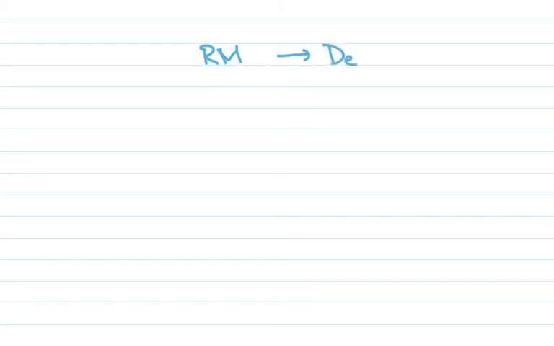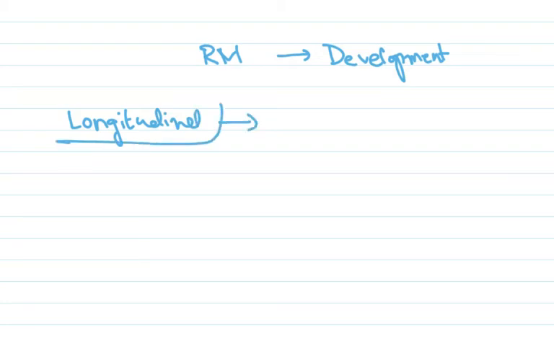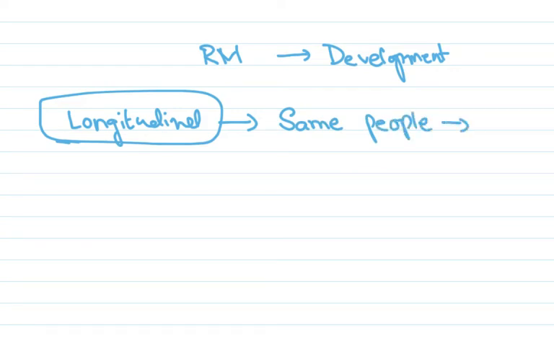More particular to developmental psychology, what we see is what we call longitudinal research. When we talk about longitudinal research, what we mean is that you're studying the same people over an elongated period of time.